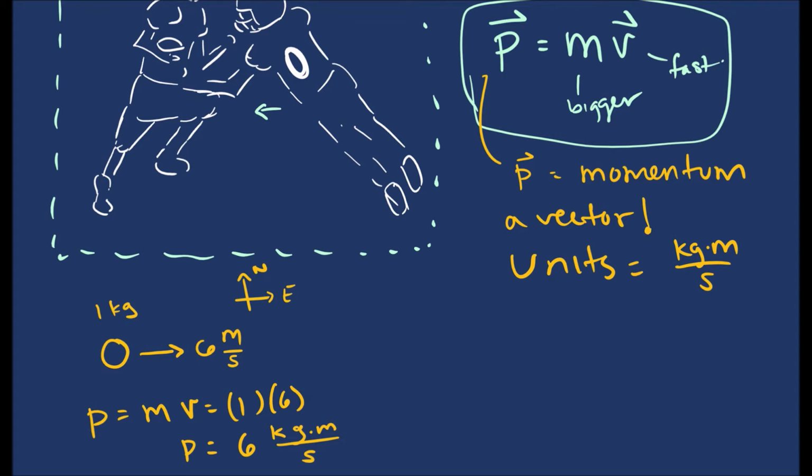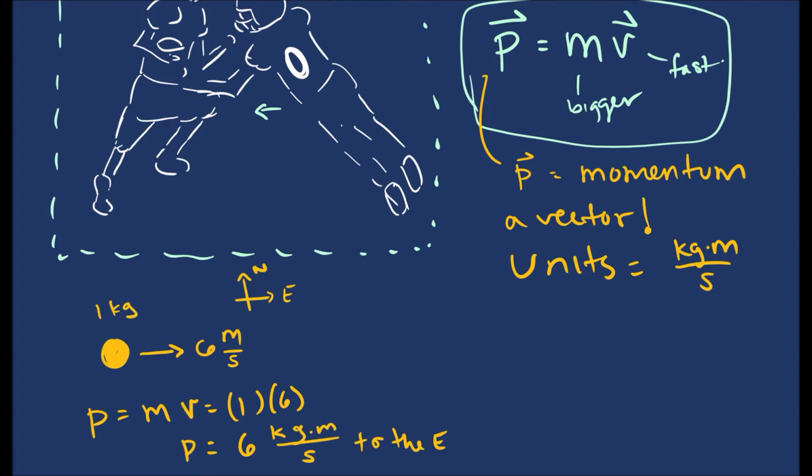When we report this momentum, we have to say a direction, so to the east for this ball that was moving. If we said to the right is the east direction, we've reported our direction.